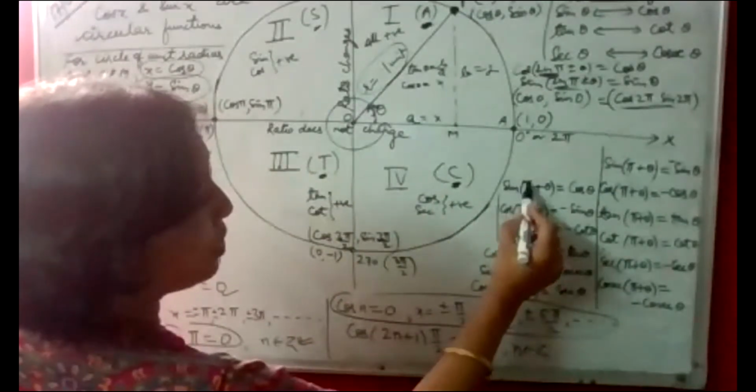We need to find out sine of 90 plus theta. There are 2 things you have to remember in this: whenever you are taking a ratio change with respect to the y-axis, the ratio always changes. That means the ratio will convert to another one.